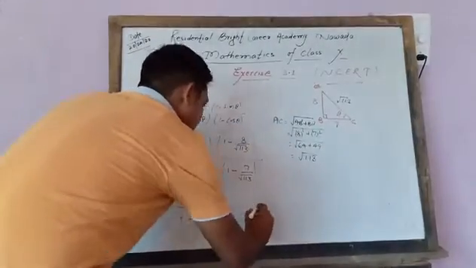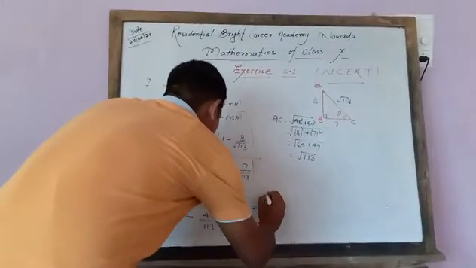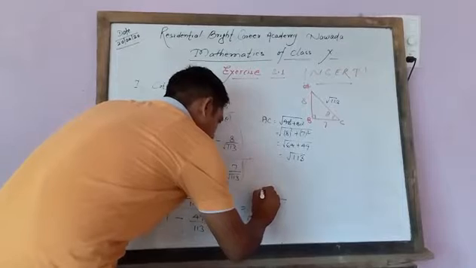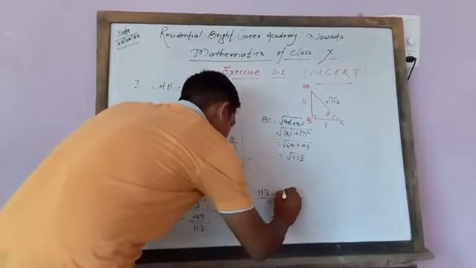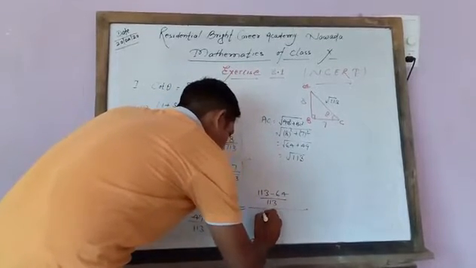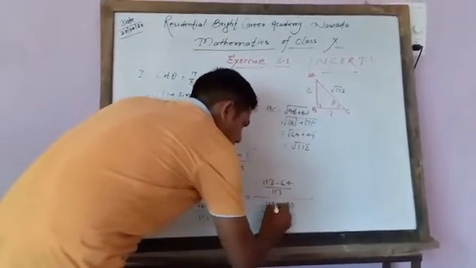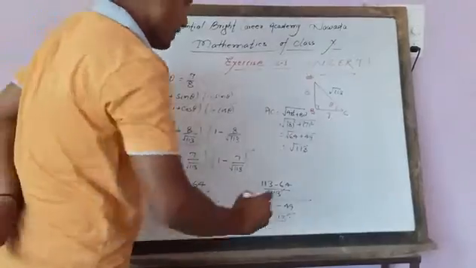And in the next step we can write 113 as the LCM, and here 113 minus 64 upon 113 minus 49 upon 113. It will be cancelled from this.